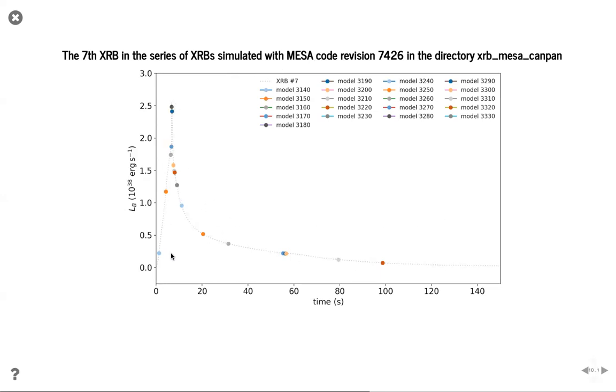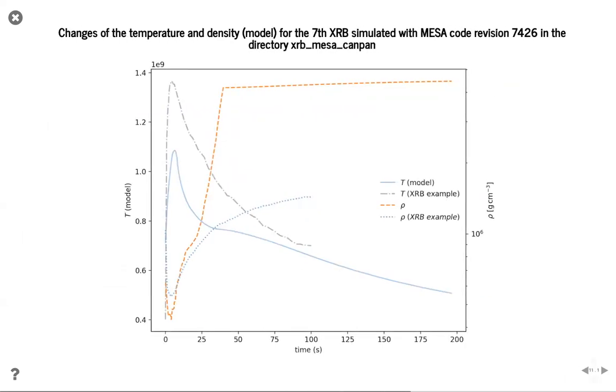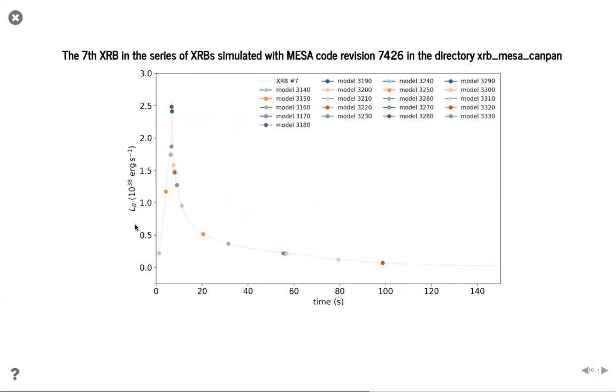And of course, we can select any of these models and have a look at the internal thermodynamic structure of the neutron star accreted envelope at the corresponding moment of time during this X-ray burst. Okay, so what's shown here is how luminosity changes during one X-ray burst.